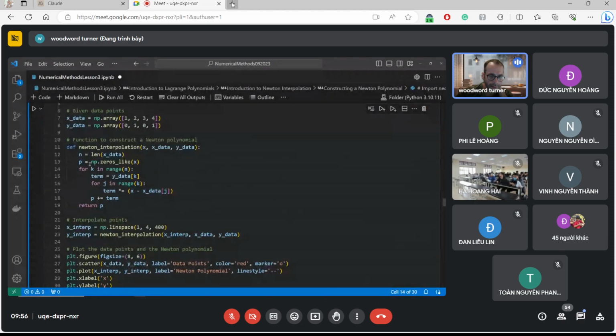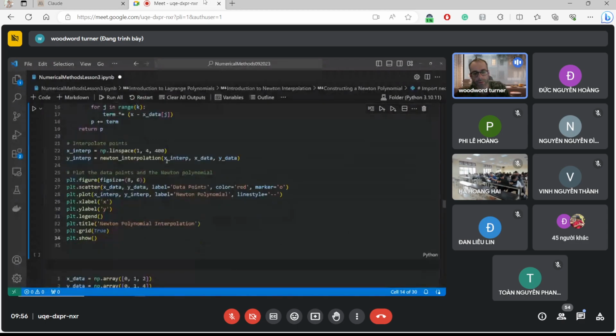And then we create an empty vector of zeros that we will fill in with the terms of the Newton interpolation polynomial. Okay, so then the same kind of idea here is that I'm doing the interpolating recursively, multiplying it by x minus the data, and then adding all those terms together for my p.